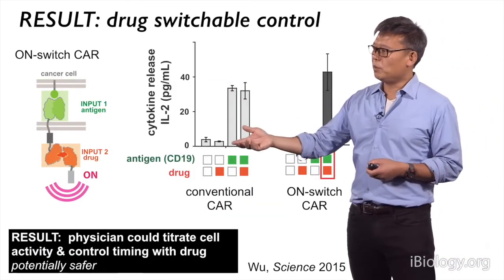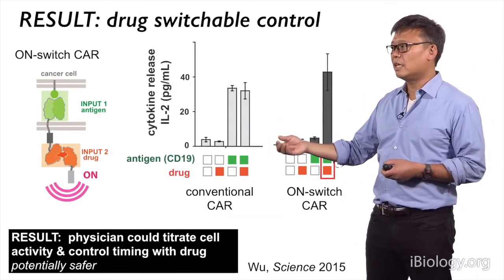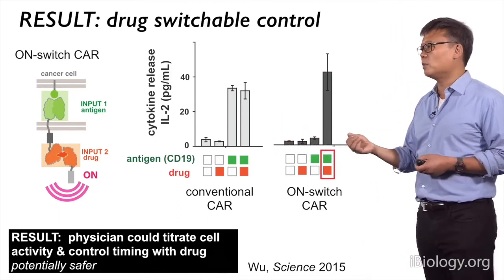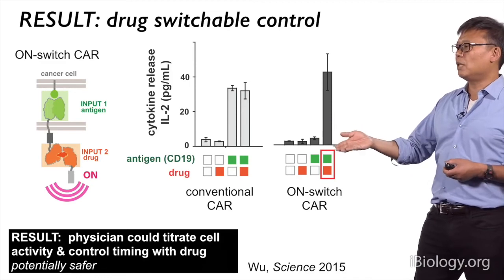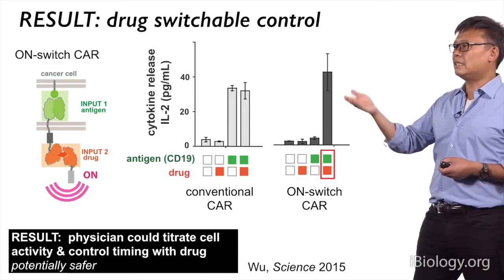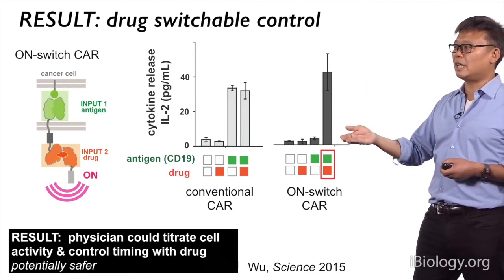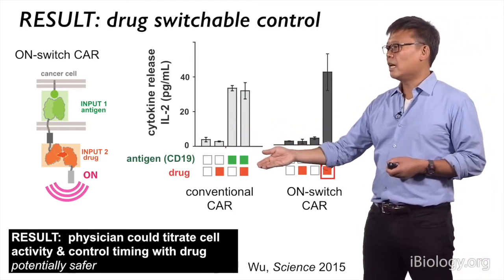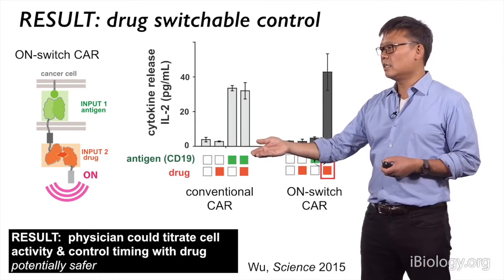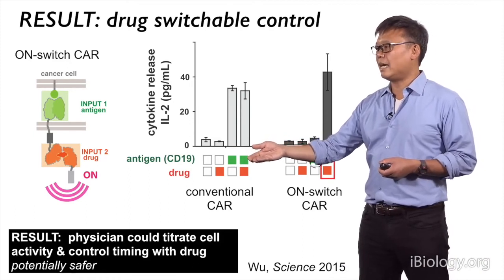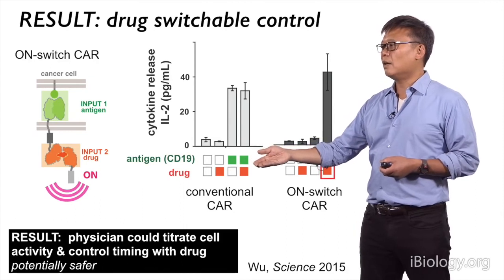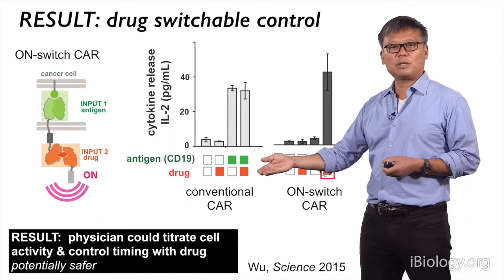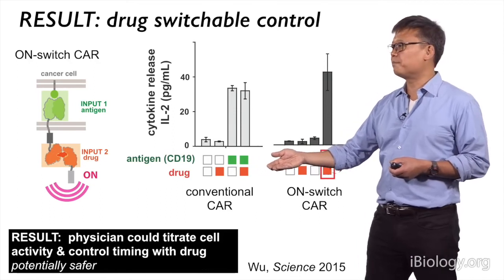So fortunately, we've been able to construct a number of different versions of this that work, and one of them is shown here. And so these are some actual assays based on these cells. So what's plotted here is T cell activation monitored by release of a cytokine called IL-2. And so what you see is when we look at the conventional CAR cells, CAR T cells, that if we stimulate with the cognate antigen, which is shown in green, that the cells get activated, and they actually don't care whether or not the drug is present or not, which is indicated by the orange square.